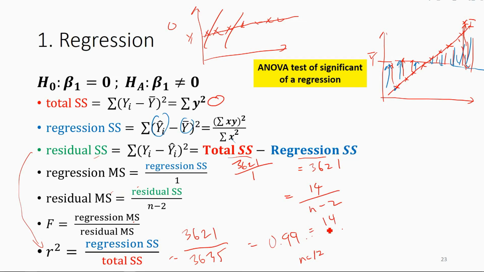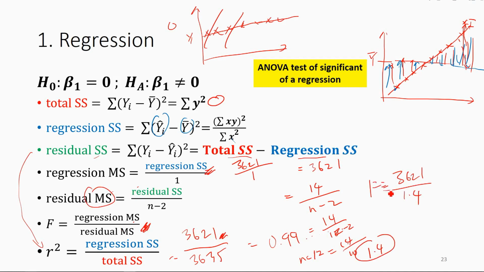Then 12 minus 2 is 10, so 14 divided by 10 is 1.4. After that, you take the regression mean square, 3.621, and divide by 1.4, the residual mean square, to calculate the F. So you get some F value.